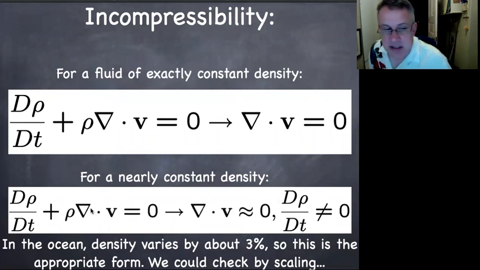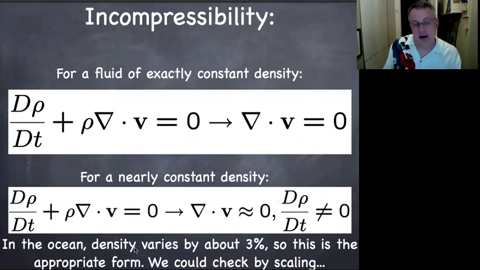Does that make sense? In the ocean, the density varies from the most rarefied surface waters to the deepest abyssal ocean by about 3%. So thinking about a nearly constant density is actually a good approximation for us.